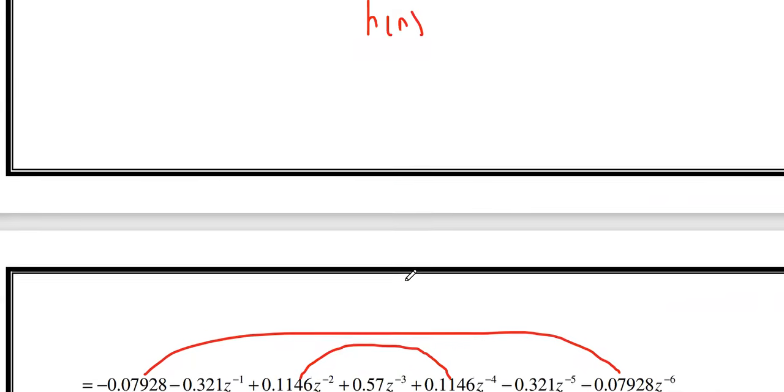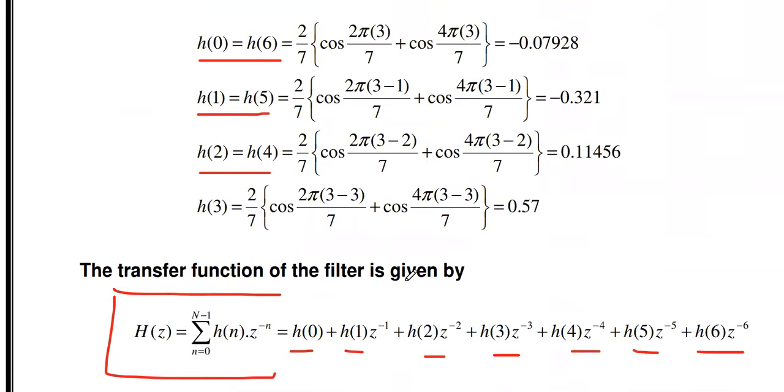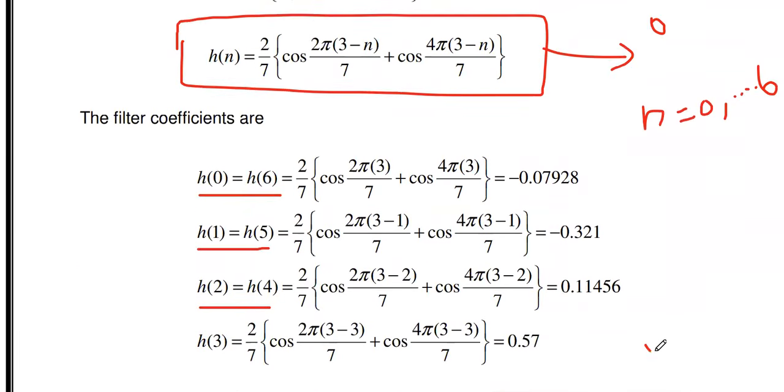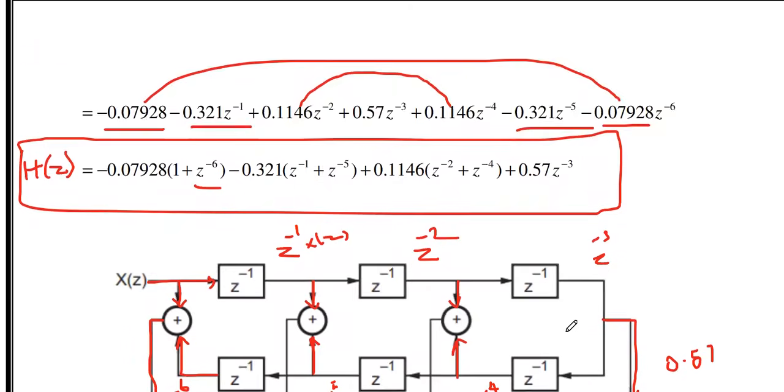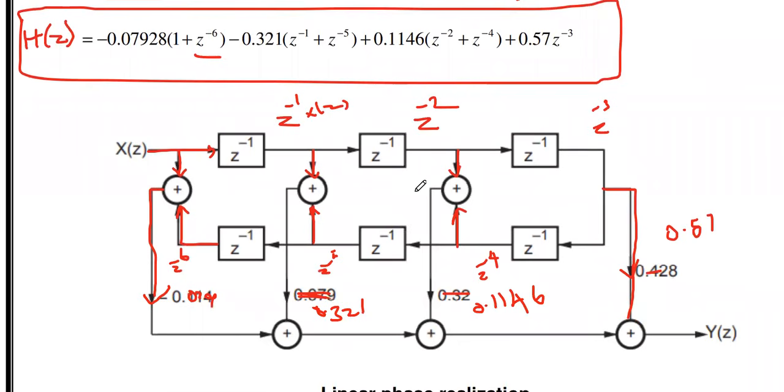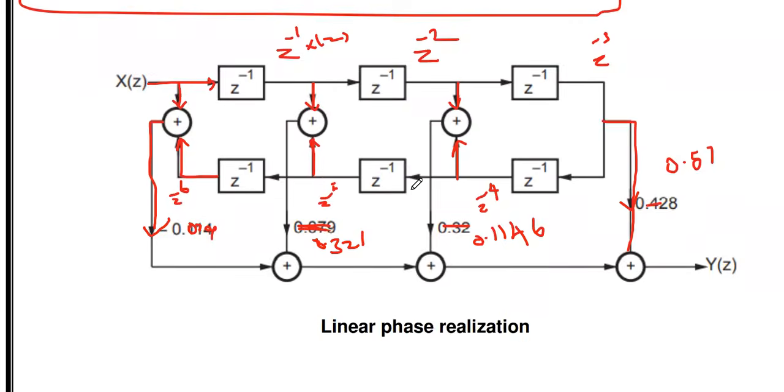If only the design, finding the filter coefficients, is asked, it is correct up to this point. If we want to find the transfer function, and the question mentions realizing the corresponding filter, then we have to find the h of z and draw this diagram. So this is the FIR filter design using the frequency sampling method.